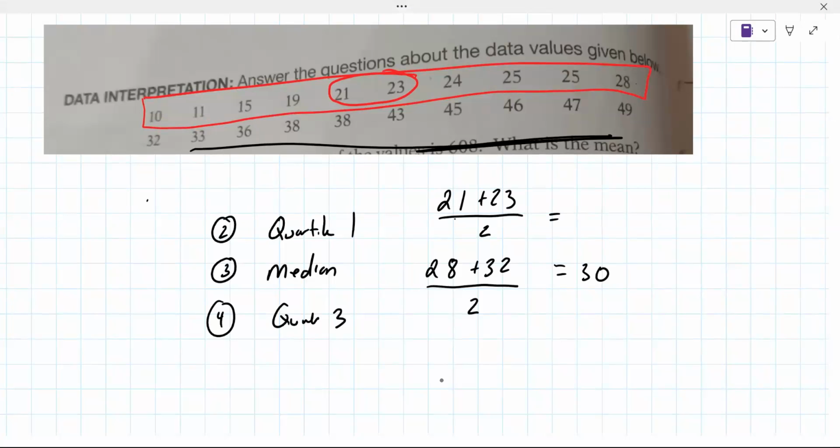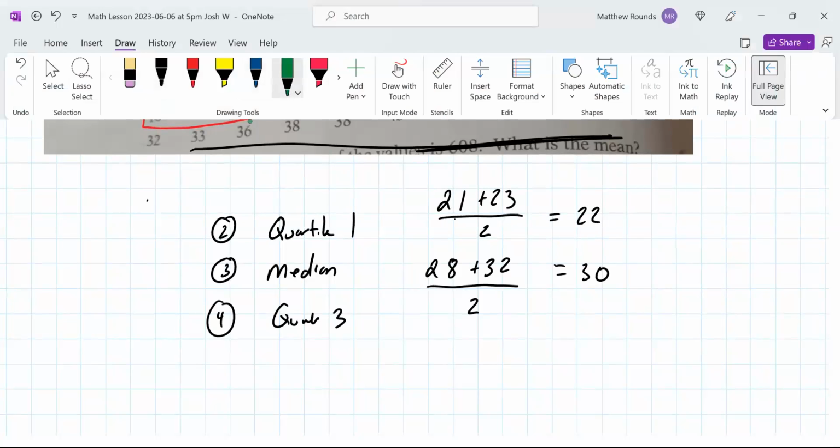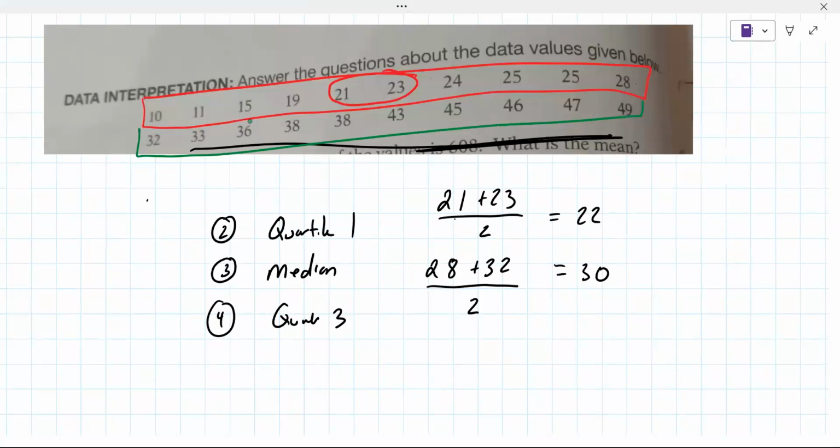22. All right, so quartile 3 is the same thing, but for the bottom row of numbers. Could you tell me quartile 3? 38 plus 43. Exactly, which would give us 40.5.